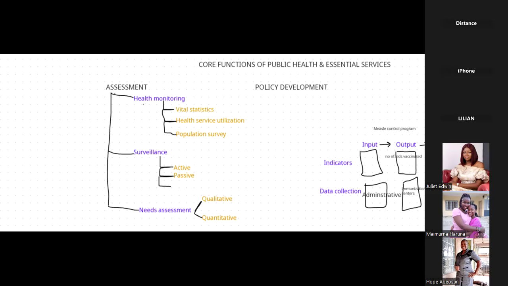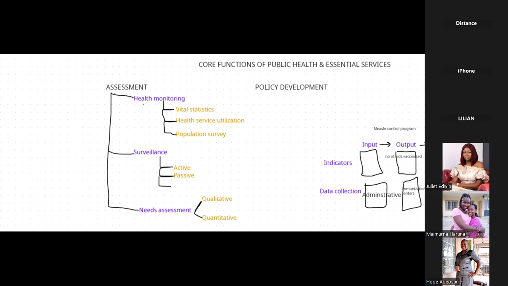Both of them have cases where they are useful. We can't always do active surveillance. That's one of the limitations, because it takes time, it takes money, it takes resources. If you say let's go to the communities and start looking for this and that, it's resource intensive.